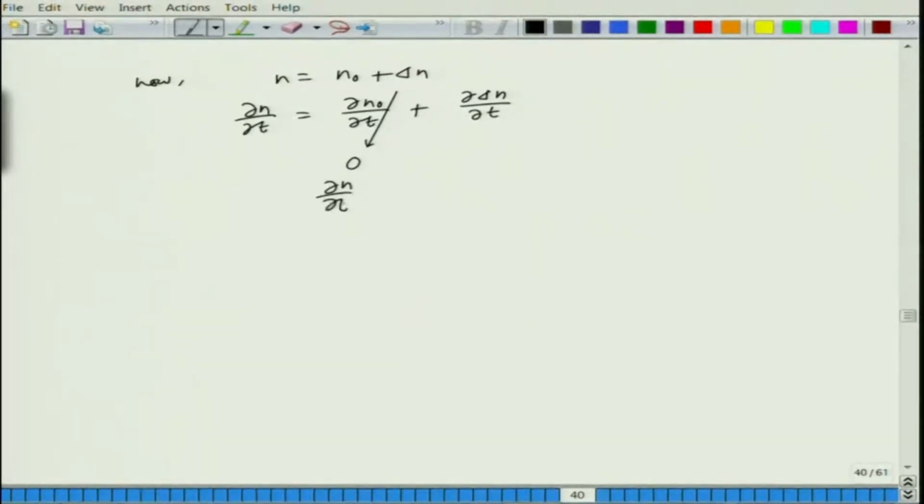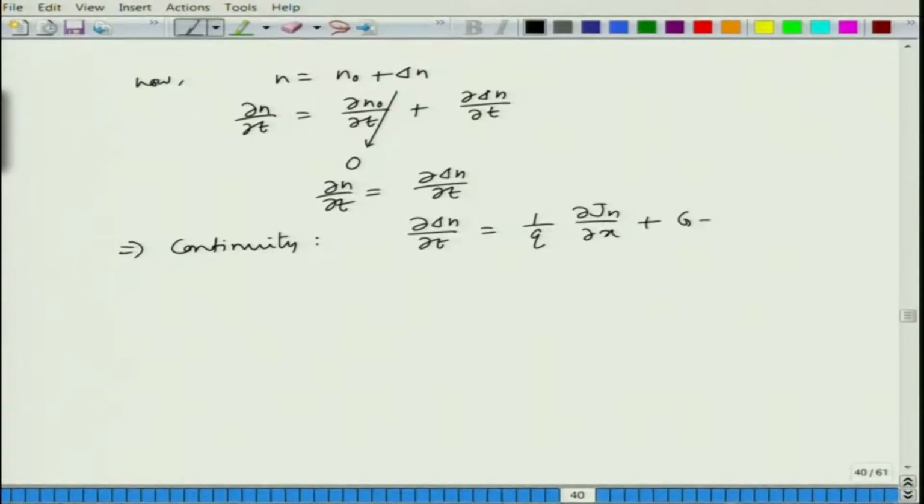So, del n del t is nothing but del delta n del t. Okay. So, basically the continuity equation now takes the form that del delta n del t is equal to 1 over q del j n del x plus G minus delta n by tau n.